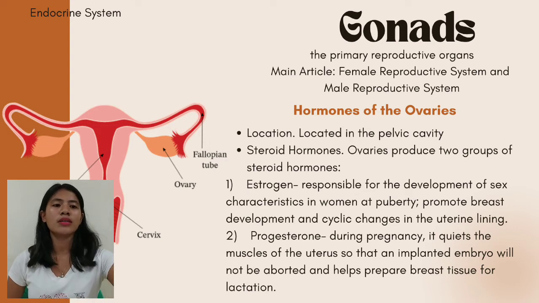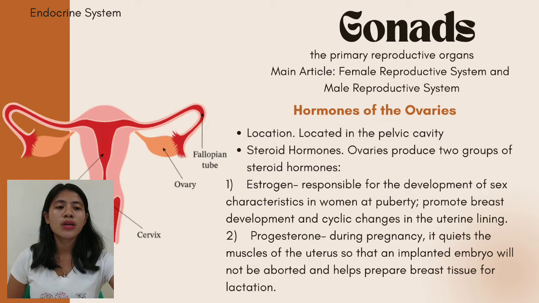While progesterone, during pregnancy, quiets the muscles of the uterus so that an implanted embryo will not be aborted, and helps prepare breast tissue for lactation.